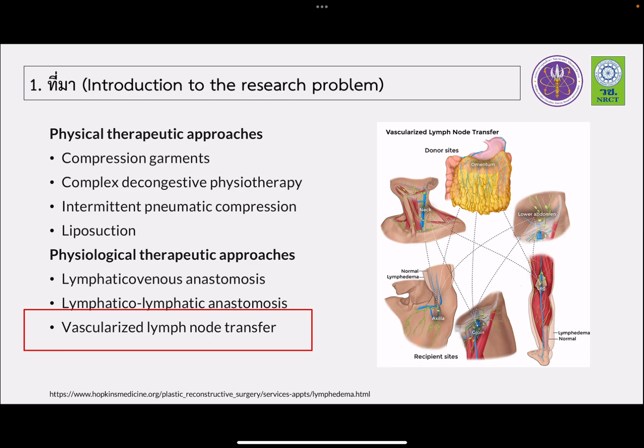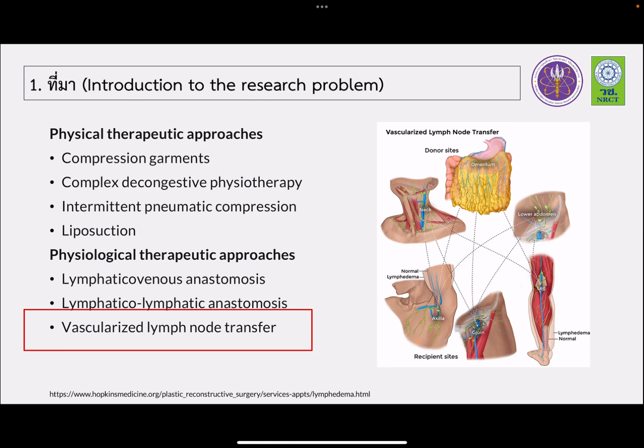The examples of the physical therapeutic approaches for lymphedema include compression garments, complex decongestive physiotherapy, or even liposuction. As you can see, this can be very uncomfortable for the patients.